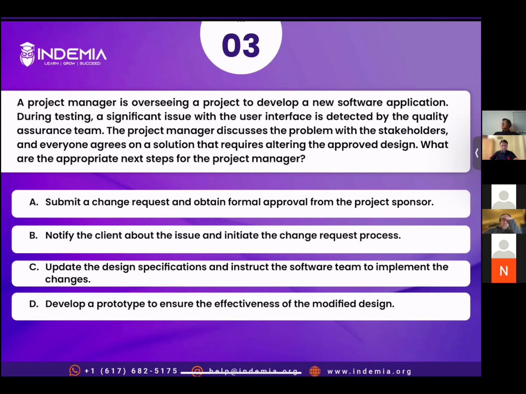Therefore, we need to submit a change request and obtain formal approval. So it's not B because the client already knows. You can't just go and upgrade. It's not C. You can't just go and upgrade specifications without a formal process of changing and develop a prototype. It may be a nice to have, but definitely it's not the first thing that you have to do.